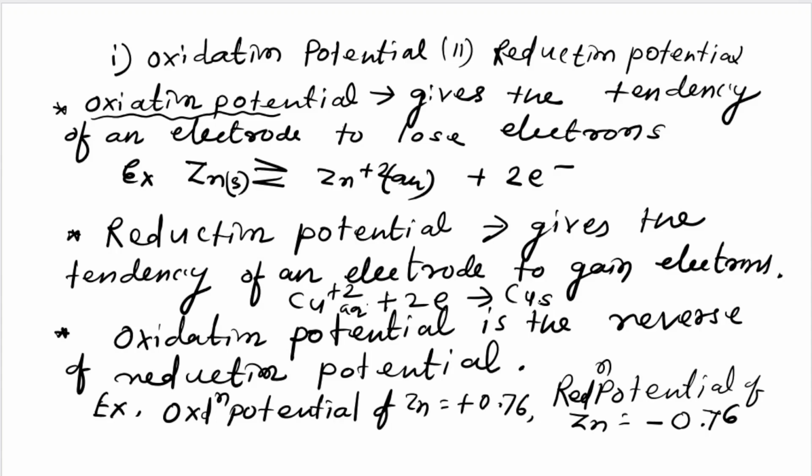Again remember, when you lose electrons it gives oxidation potential; when you gain electrons it gives reduction potential. Suppose you take zinc: oxidation potential 0.76, reduction potential minus 0.76.